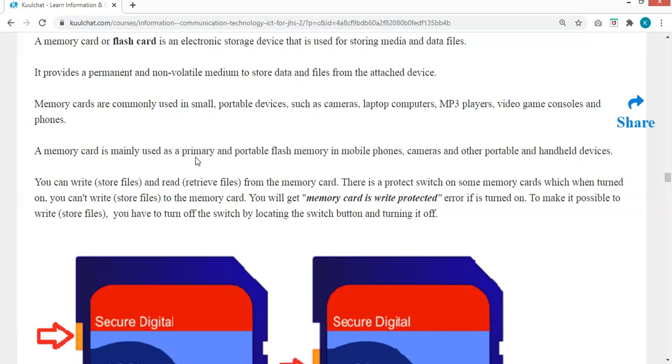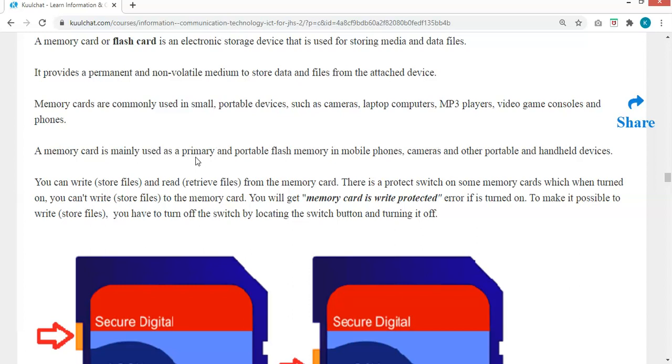So in many phones, they have memory cards. With some phones, you normally have to buy the memory card and add it to your actual phone storage. Cameras too have the memory card. When you slot it inside, the pictures you take are stored on the memory card.